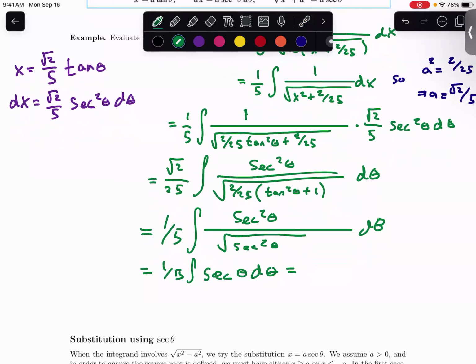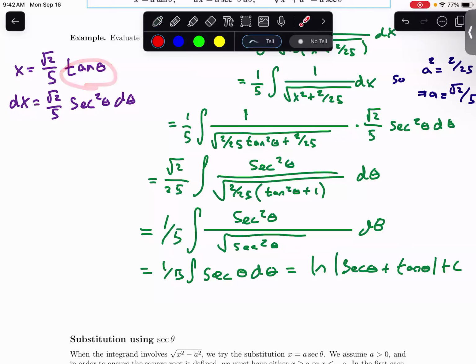Okay, so this ends up being equal to the natural log of secant theta plus tangent theta. This is the exact same antiderivative from the previous problem. Okay, and so we have to do a little bit of work to determine what tangent theta is going to be, and what secant theta is going to be.